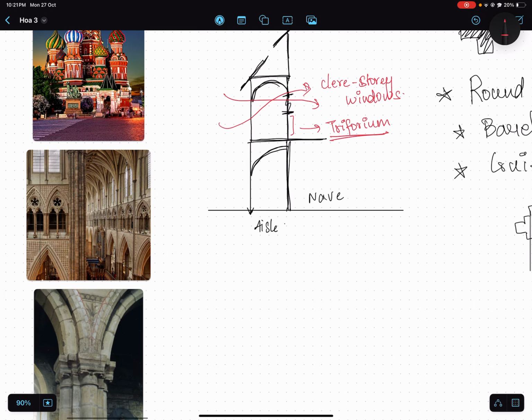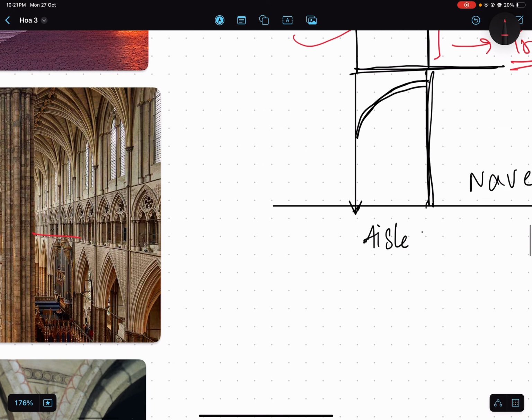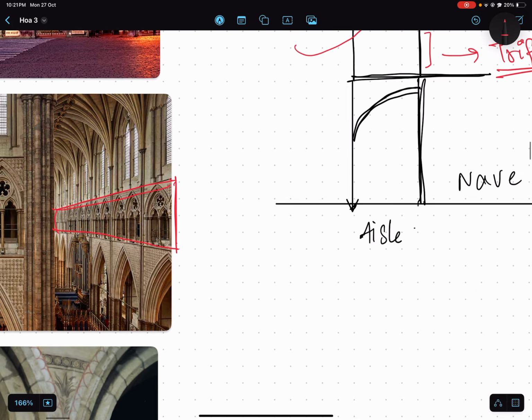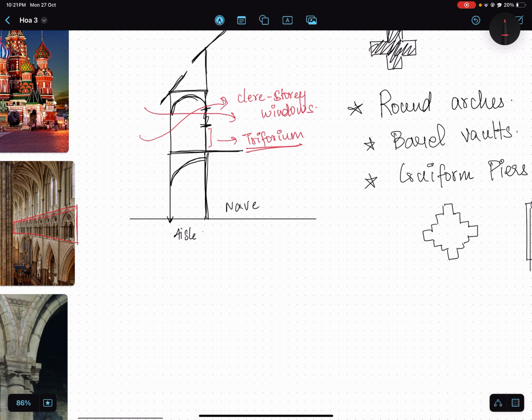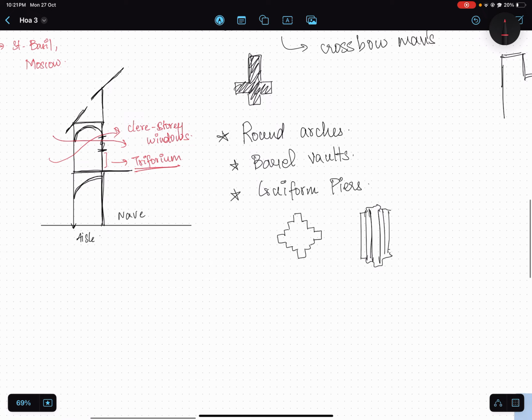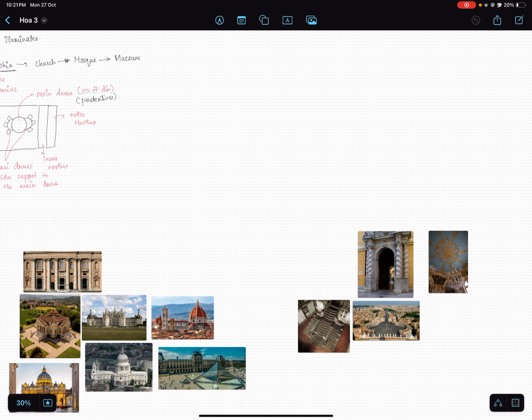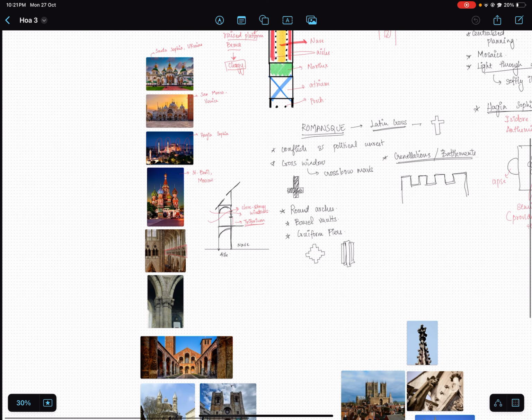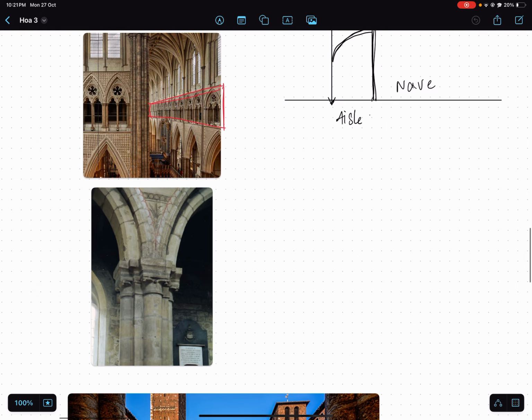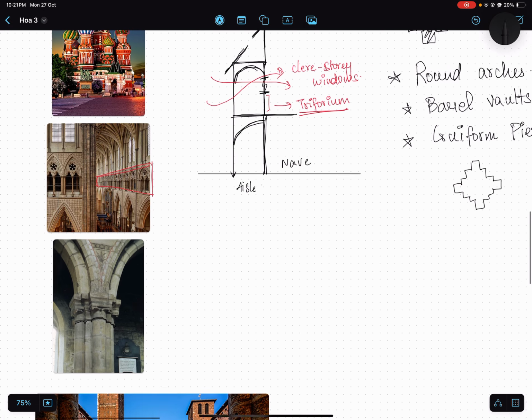So this entire row is your triforium. And this is your cruciform pier. This is the best picture that I could find. So yeah, this is your triforium.